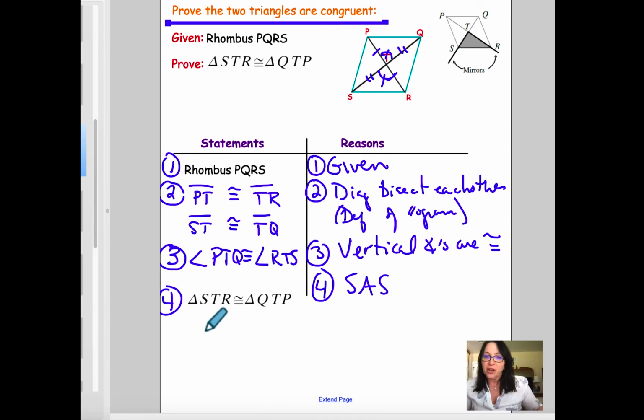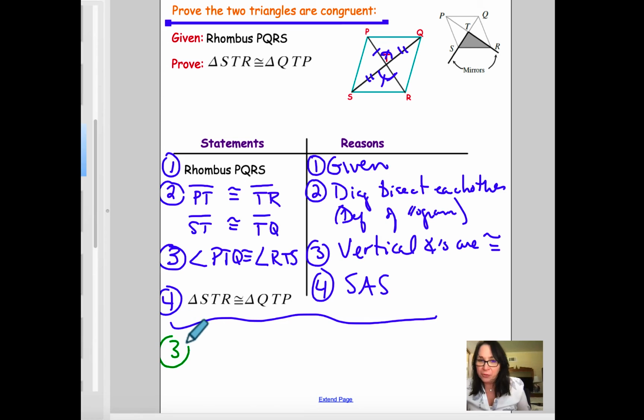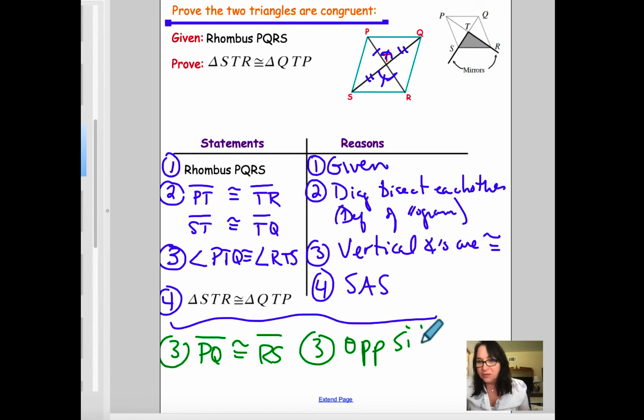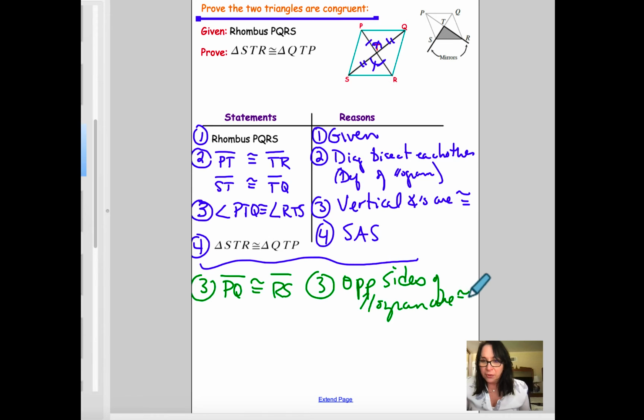Now, just a note, instead of that, another option for number 3 would be that I would say PQ is congruent to RS, and the reason for that would be, again, the definition of a parallelogram, in that opposite sides of a parallelogram are congruent.